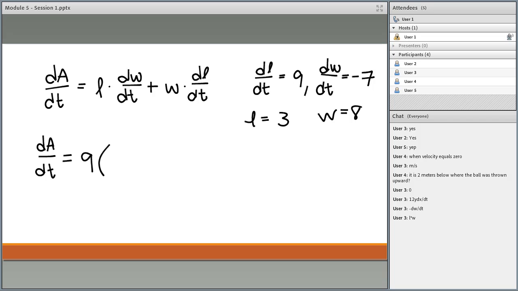I just wrote the wrong number though. Okay, so L is 3, dW/dt is -7, plus W, which is 8, and dL/dt, which is 9. And I get 51. So the rate of change of the area with respect to time is 51. It's positive, which means the area is increasing with respect to time.